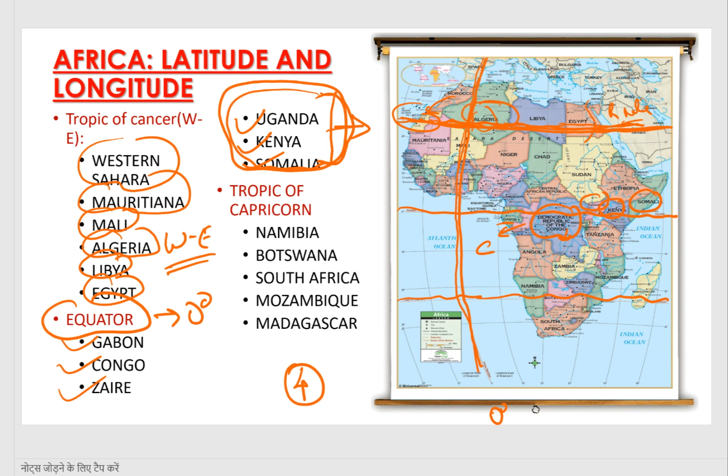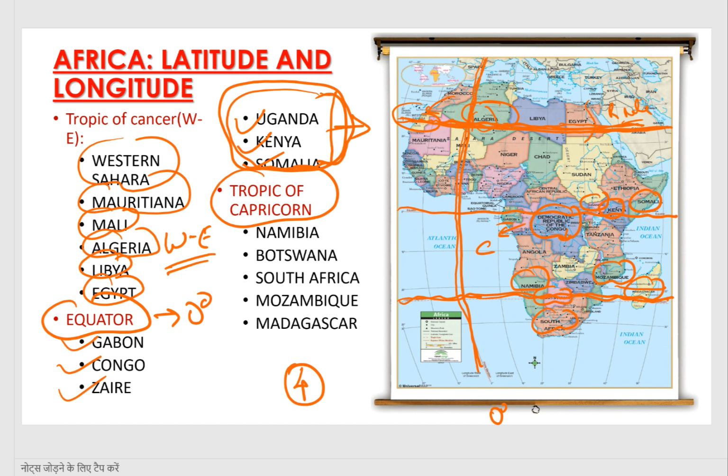And the last latitude which is important is the Tropic of Capricorn. So Tropic of Capricorn cuts across the southern part of Africa. And you can see the countries of Namibia, Botswana, South Africa, Mozambique and Madagascar. So the island of Madagascar is also cut across by Tropic of Capricorn.